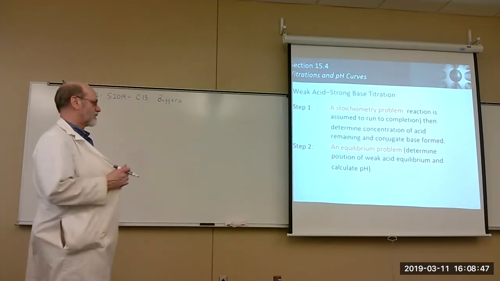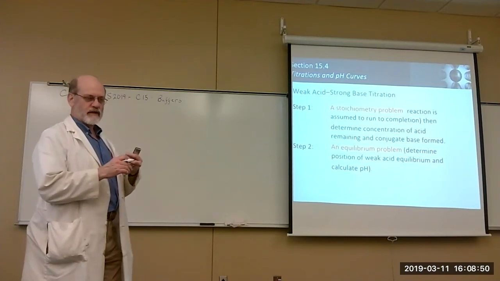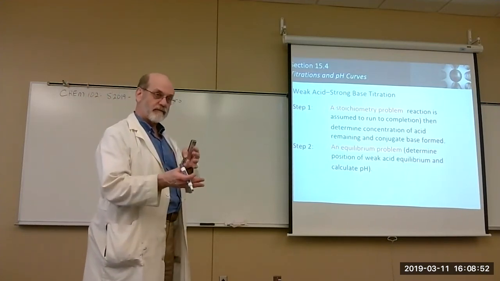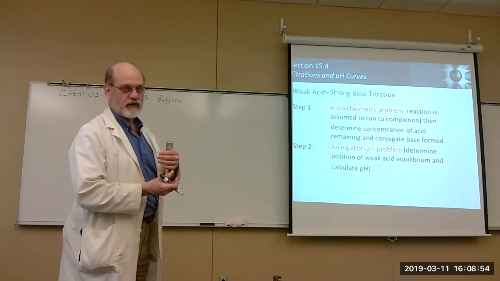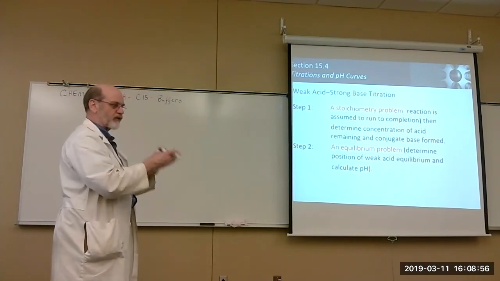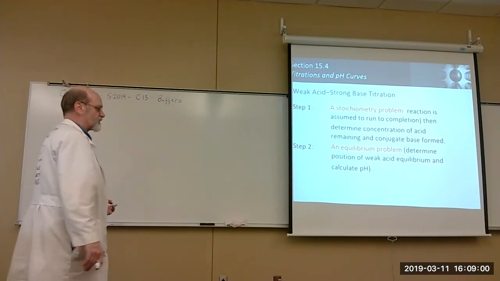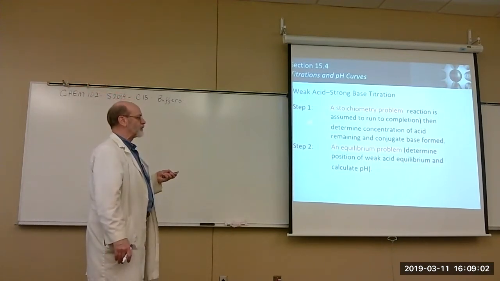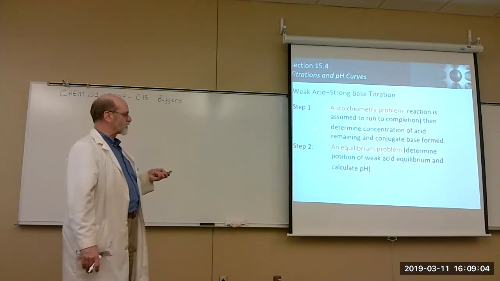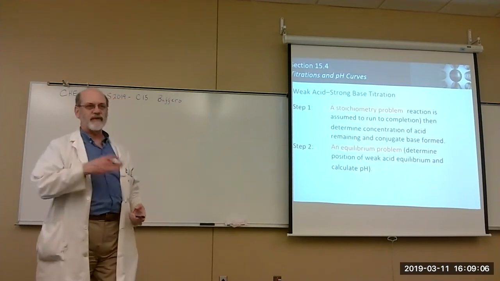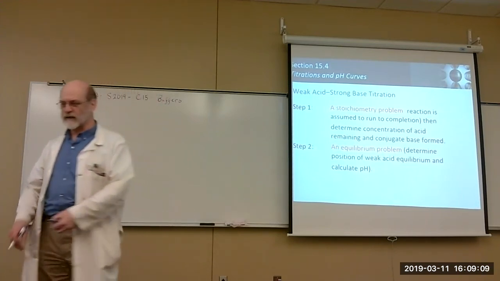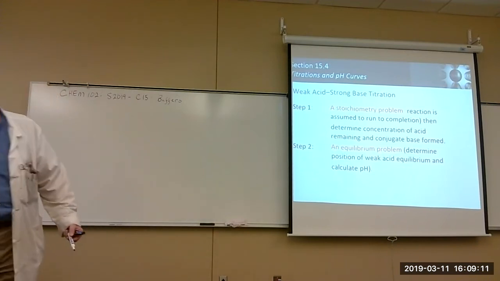Then we take the conditions that we determined from the stoichiometry and do an equilibrium calculation to bring it back to the actual pH. It turns out that is a much simpler approach than trying to solve the problem for equilibrium from the very beginning. It's virtually impossible to do it that way.